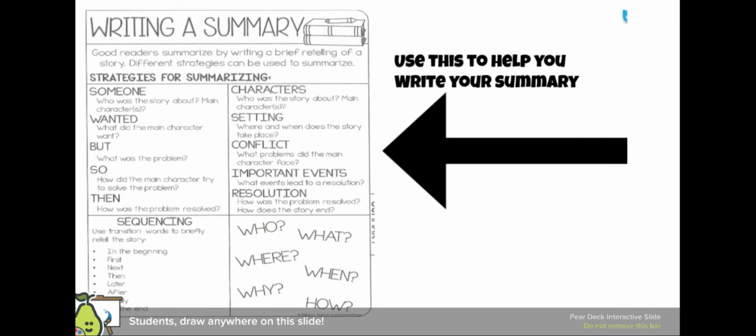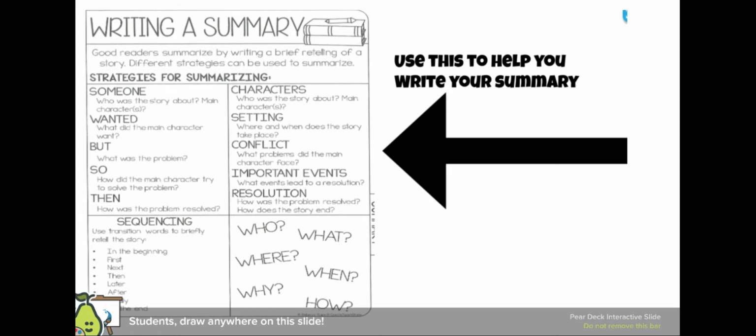I'm back with another summary video, and this video is going to talk a little bit about how you should organize your thinking when you are starting your summary. So in the other video, the first video that I made, I showed you this writing a summary chart where it showed some different strategies for summarizing.